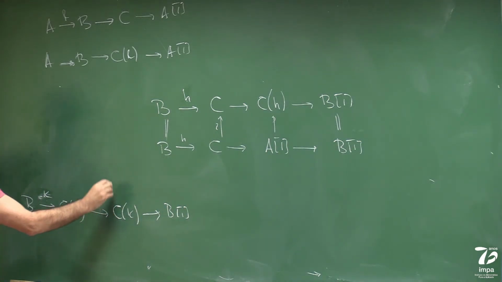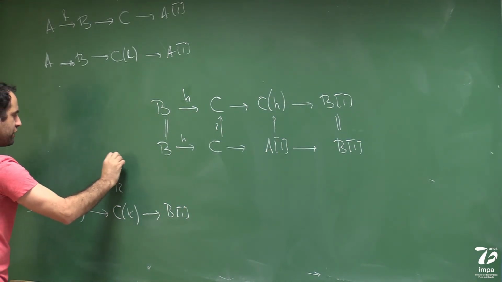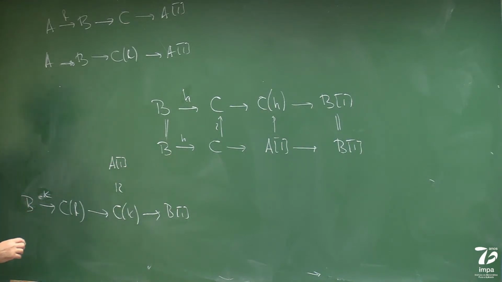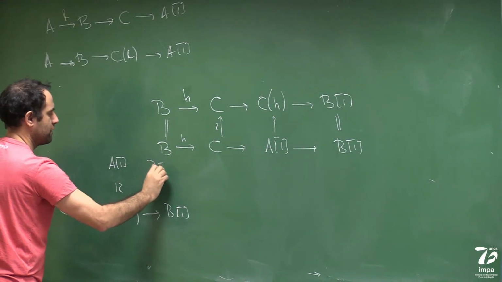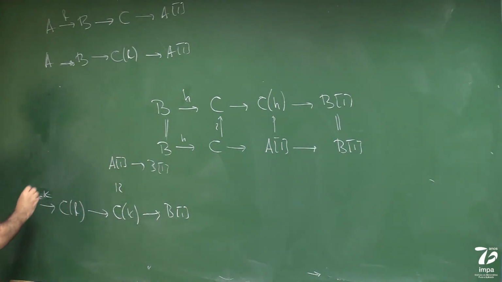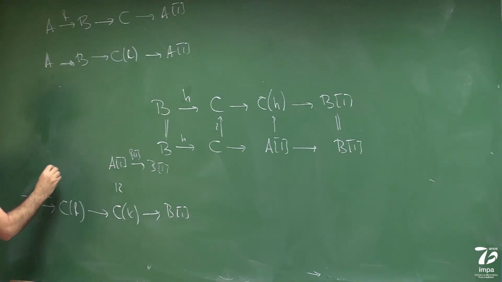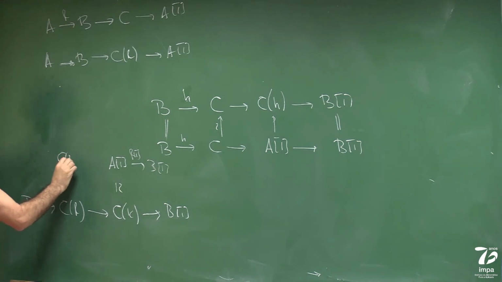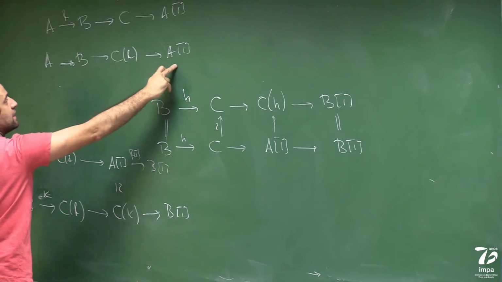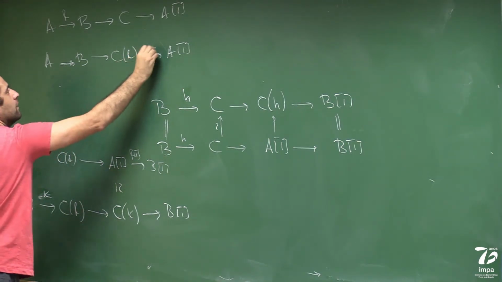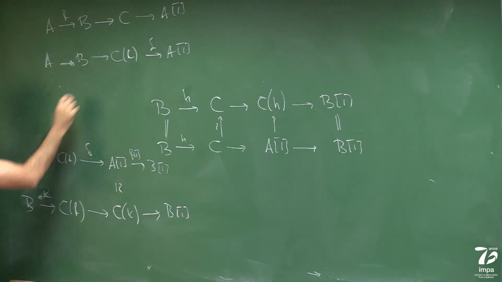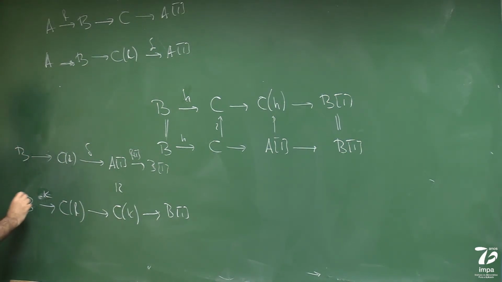And that this guy was isomorphic to A shifted by 1. Here B shifted by 1. This is that map F shifted by 1. And here I had the cone of F. This is this map here, delta. And here is this map K.